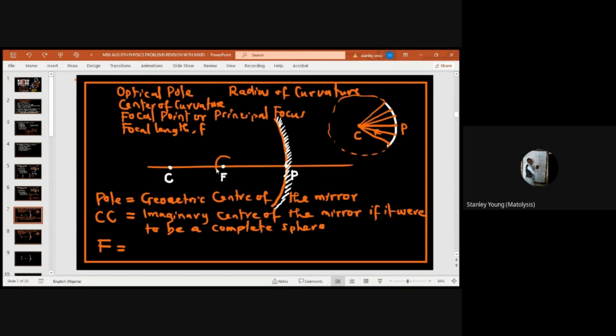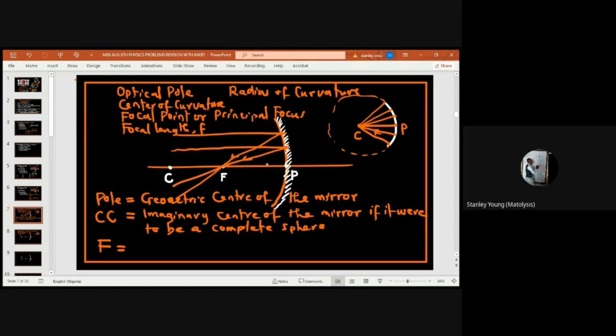The point on the principal axis through which all rays that are close and parallel to the principal axis pass after reflection is what we call the principal focus. I repeat, we have a line that is close and parallel to the principal axis. That line after reflection passes through a point called the principal focus.